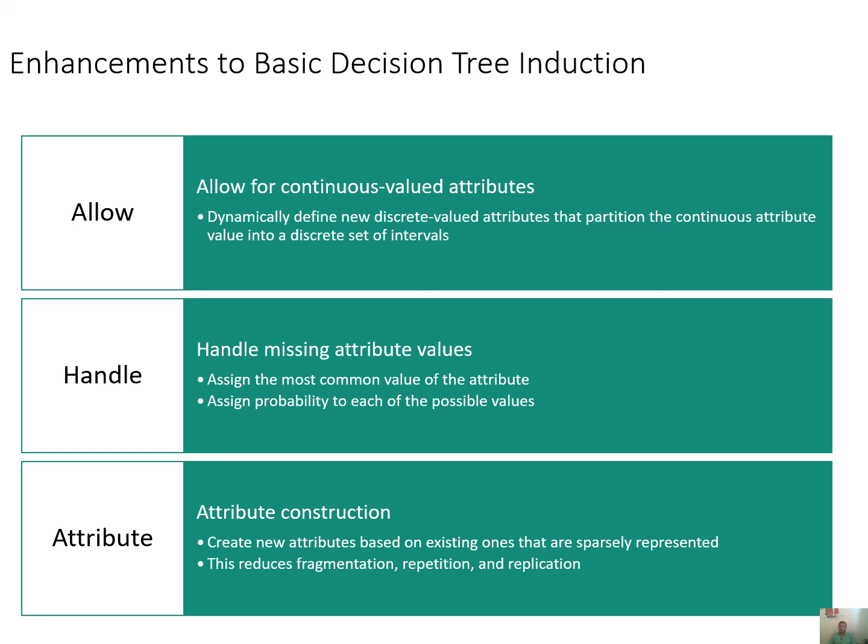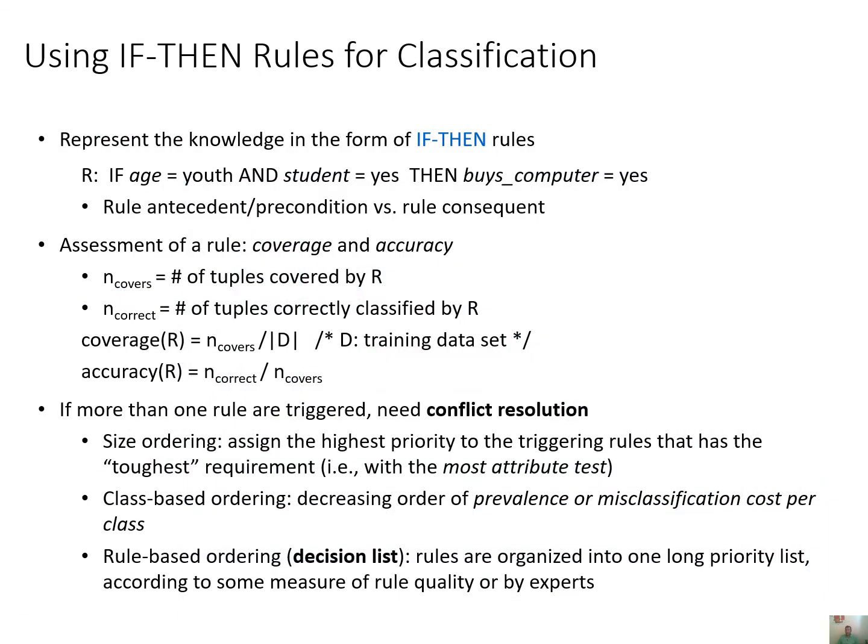Whenever we have attributes, they should be fragmented and the replicas need to be removed so that the classes will be constructed well, and we get a very proper decision tree model.